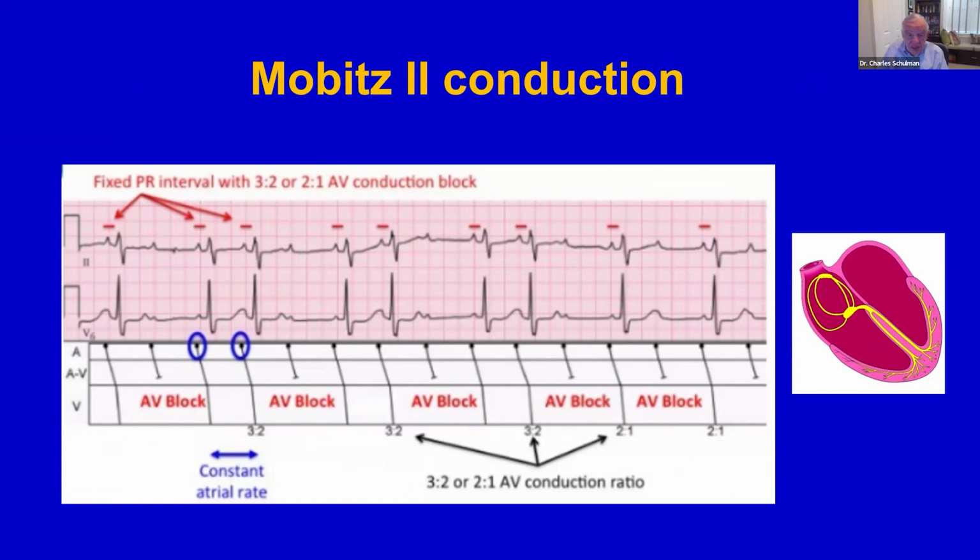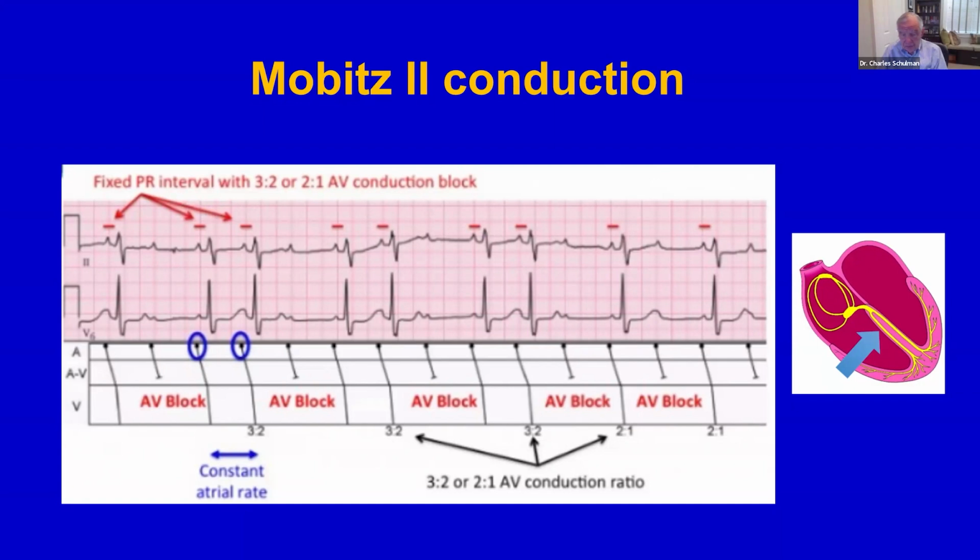PR intervals are all exactly the same. This is basically an all or nothing phenomenon. And Mobitz 2 takes place in the His-Purkinje system. So that's why people who have Mobitz 2 need a pacemaker. I'll show you an example of what can go wrong in a couple of slides.